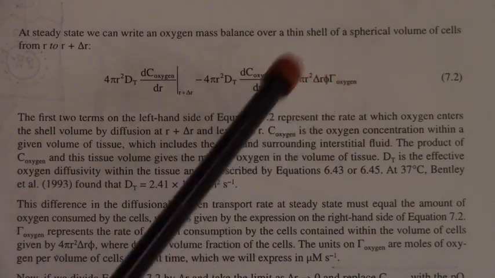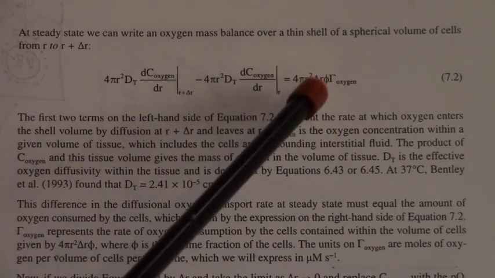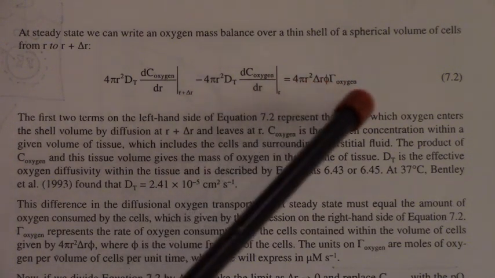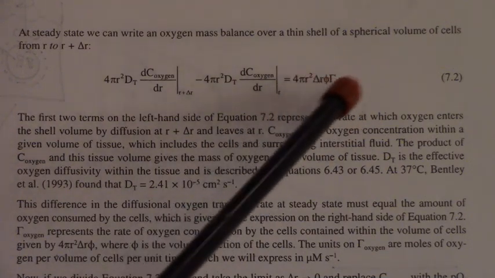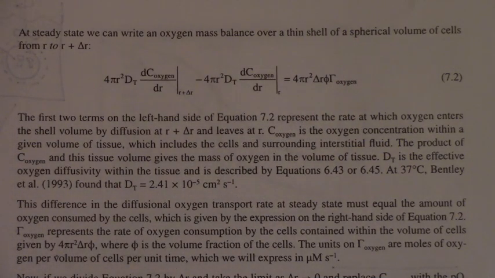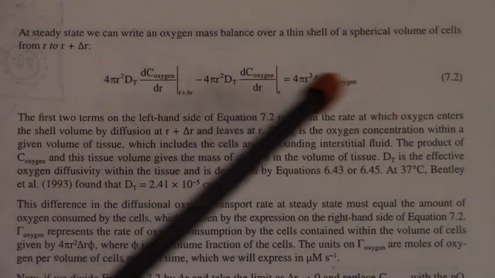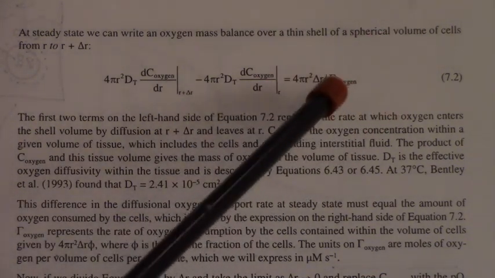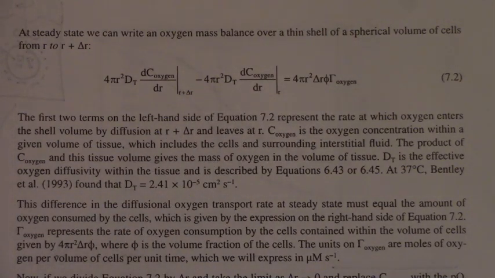So phi would be the volume of the cells per that total volume, 4 pi r squared delta R. And then capital gamma oxygen, this is our oxygen consumption term, which would be the amount of oxygen that the cells consume per volume of cells. So this is all properly normalized to the situation that describes the oxygen consumption.